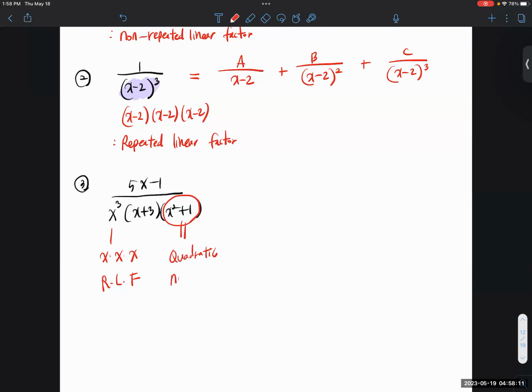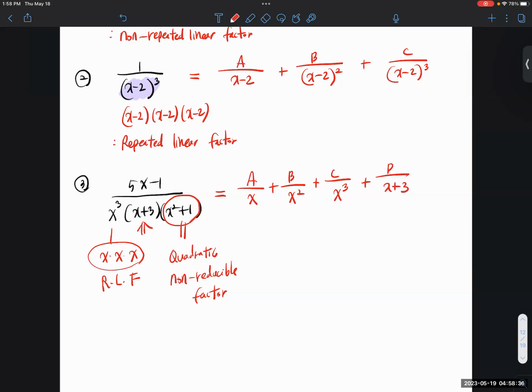This is a quadratic non-reducible factor. Watch me. Because of the x, A over x plus B over x squared plus up to the third, because they're repeating 3 times. And then the second factor is D over x plus 3.